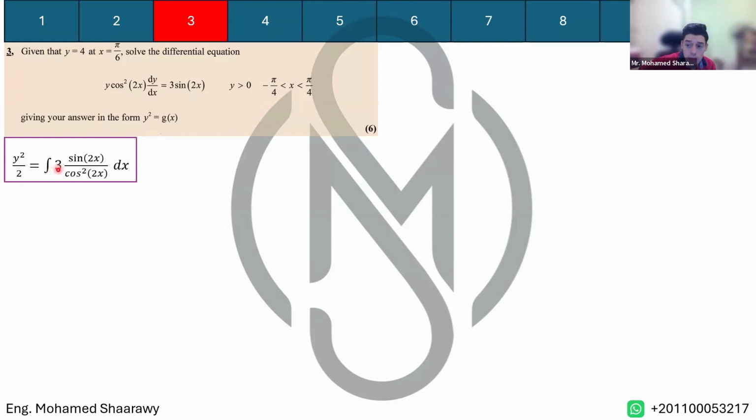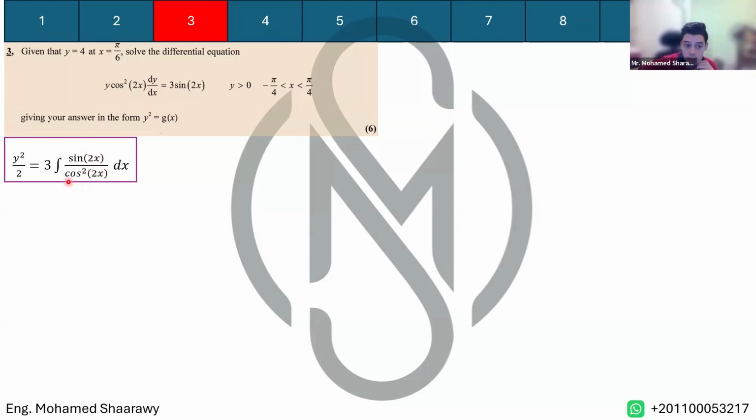3 is a constant multiple, so let me take it outside. And now, what's the integration of this? You can think in two ways. Whether we use ln here, but in order to use ln, the denominator's derivative must be written in the numerator.